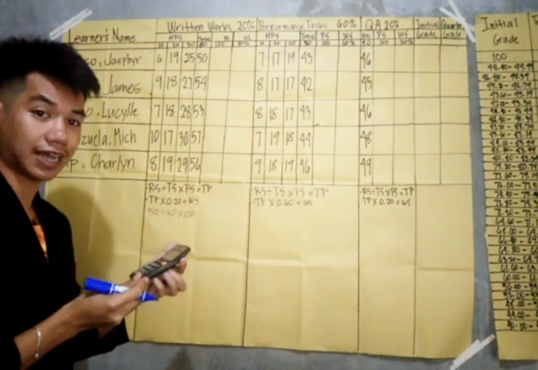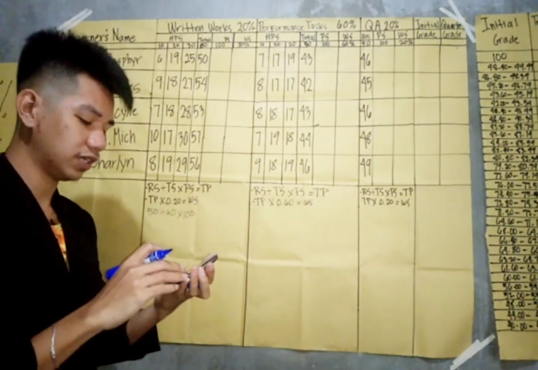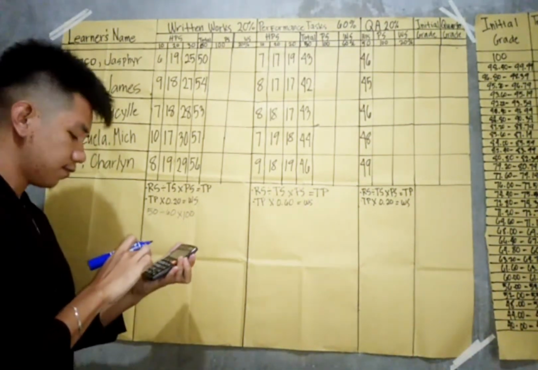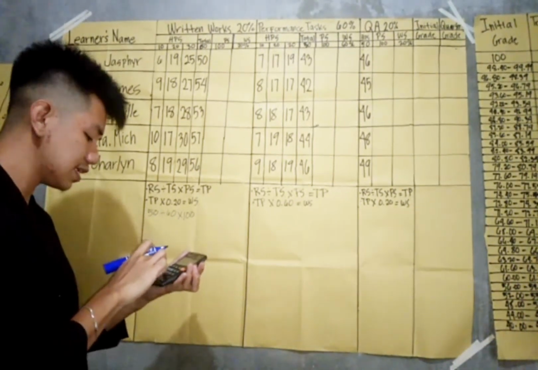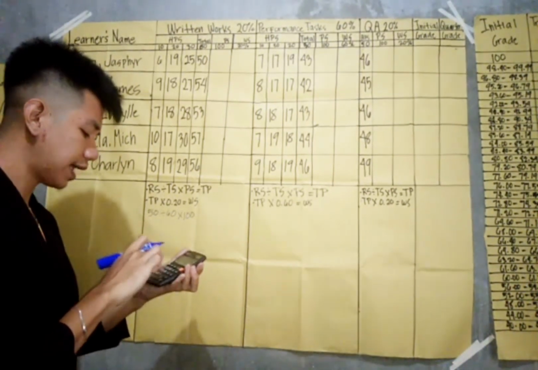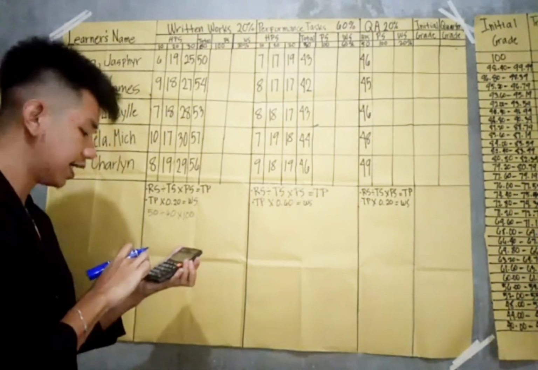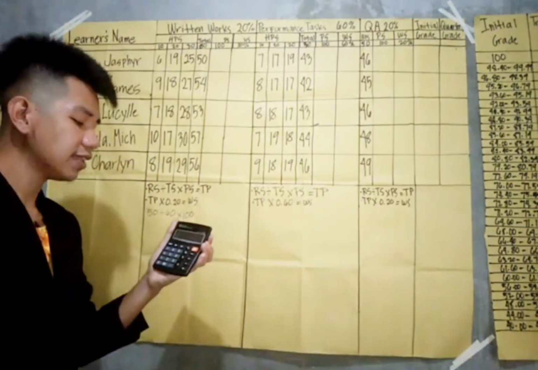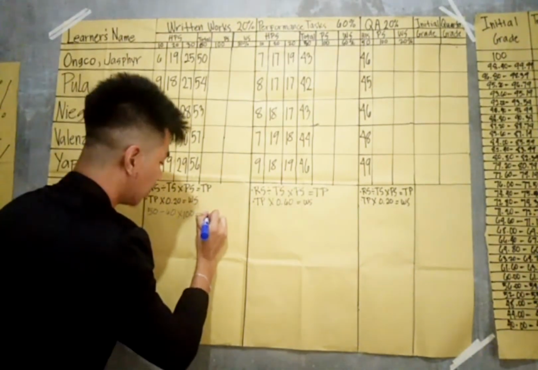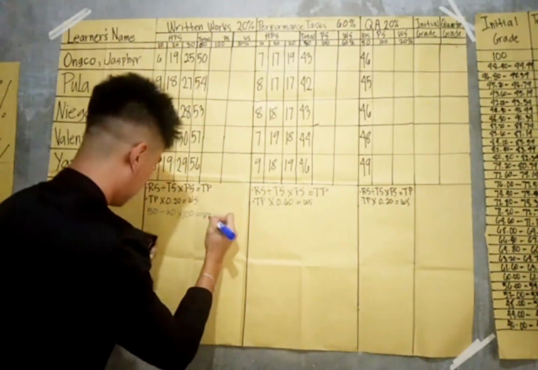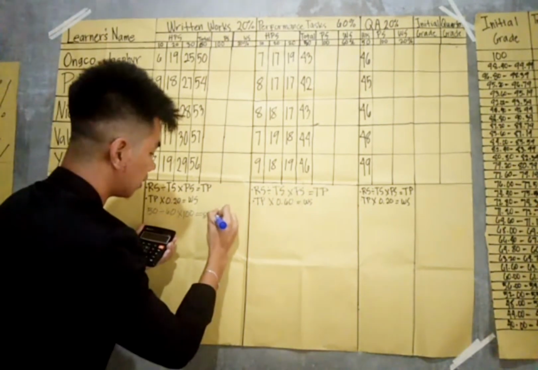I have here a calculator to make it easier to solve. 50 divided by 60 multiplied by 100 equals 83.33.